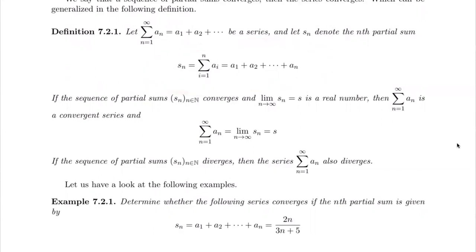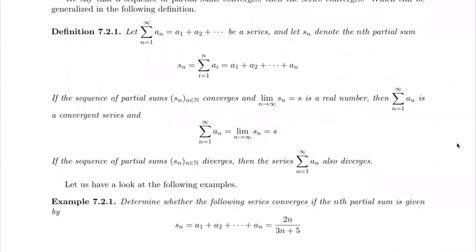Then if the sequence of partial sums converges, meaning the limit as n approaches infinity of the nth partial sum approaches some number s, where s is a real number, then we say this infinite series is also convergent, and that this series equals this limit.